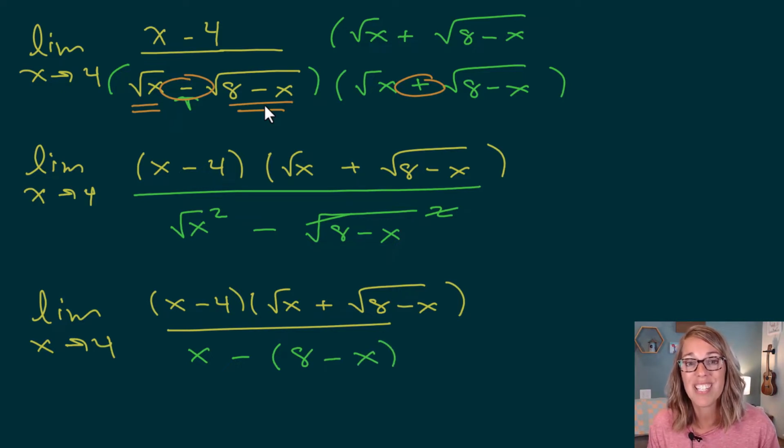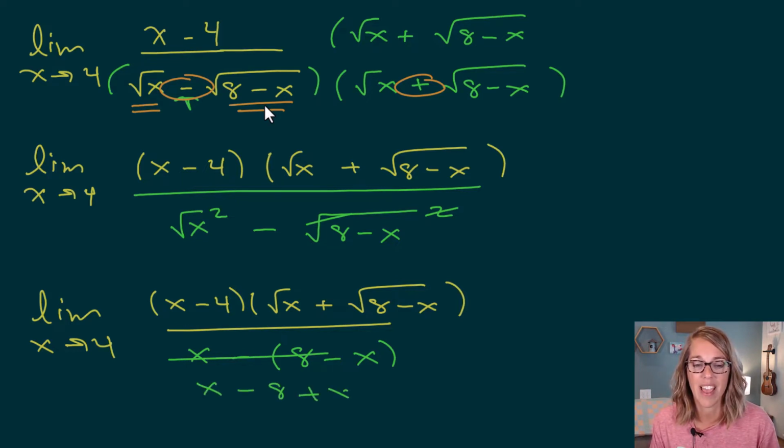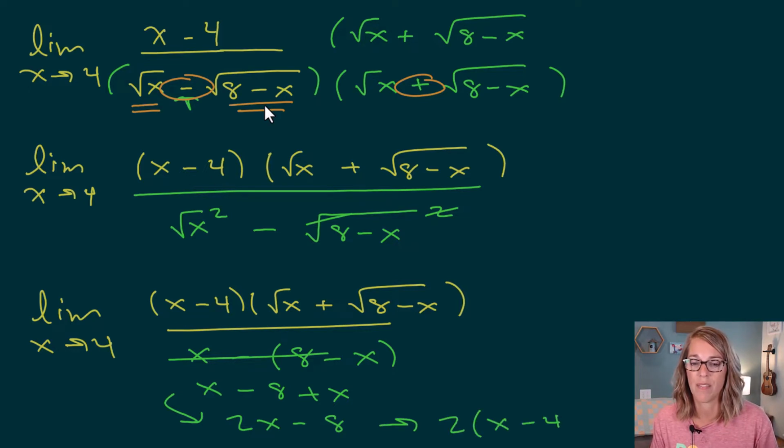If I continue to simplify this denominator, I get x minus 8 plus x, which becomes 2x minus 8, which becomes 2 parenthesis x minus 4.